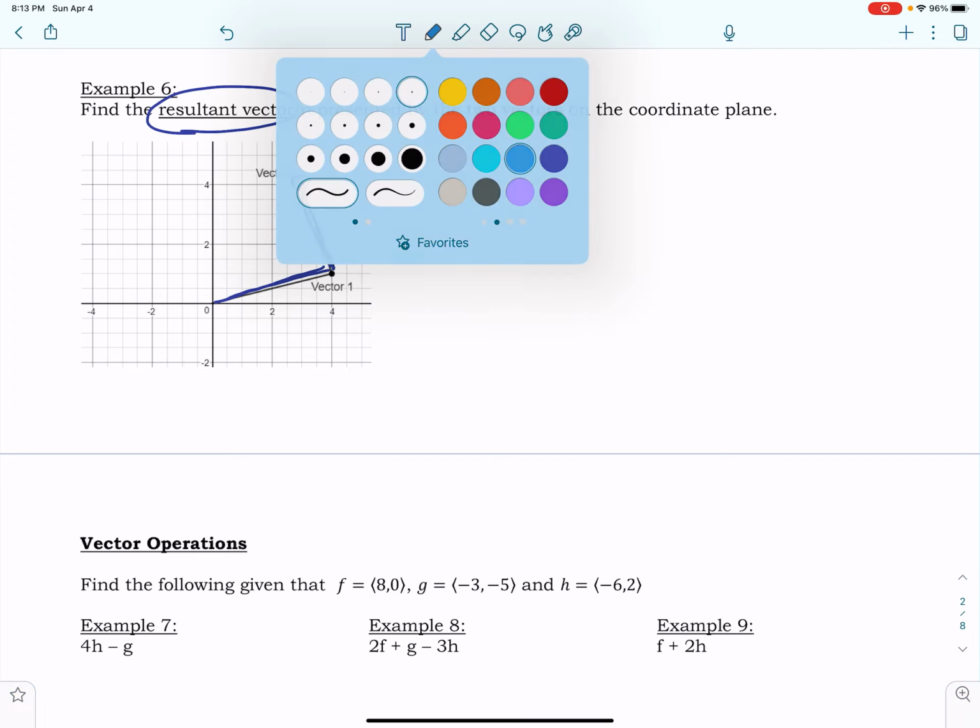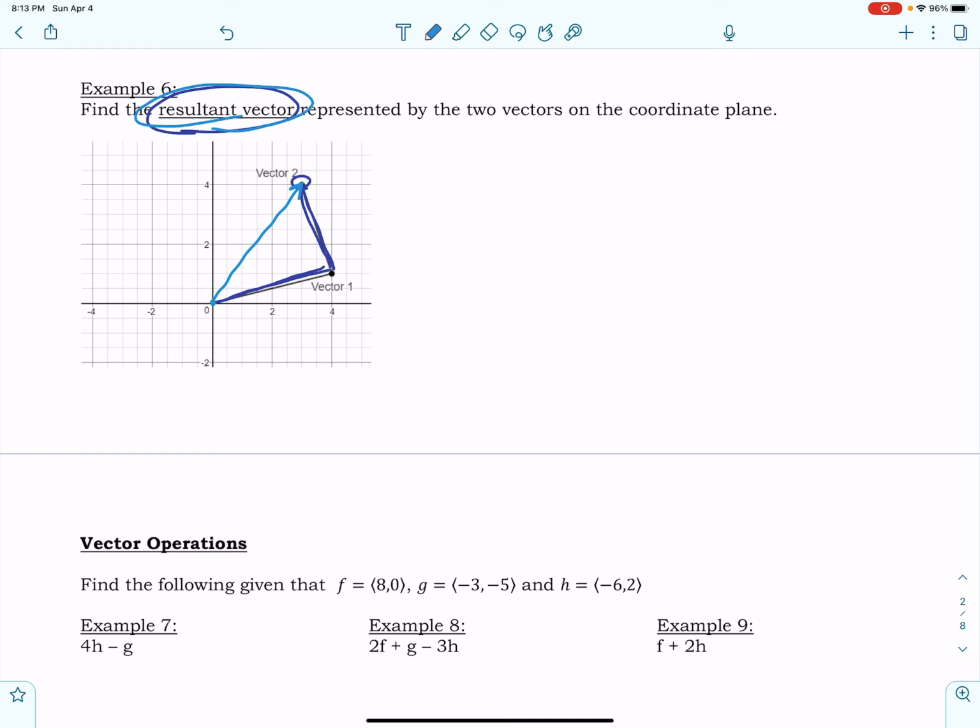So if I'm finding the resultant vector, it's how far I travel from here to here. So if you will notice this is 1, 2, 3. So to the right 3 and up 4.